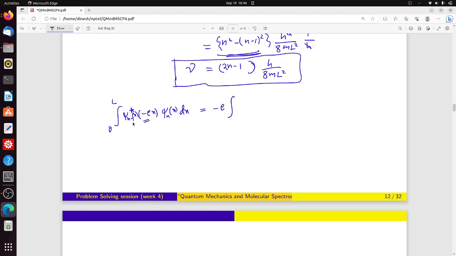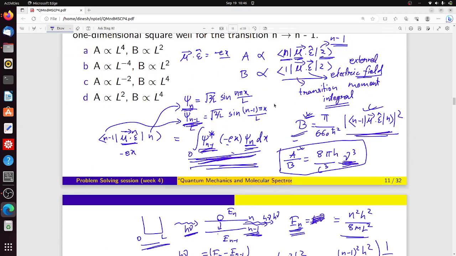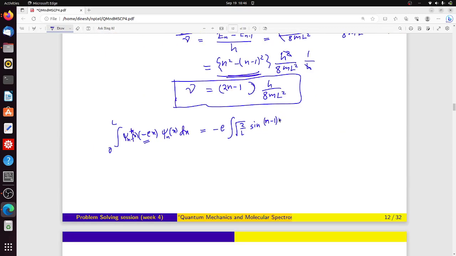Then this psi n minus 1 is root of 2 over L sin (n minus 1) pi x over L. Then we have x, and this is a real function.